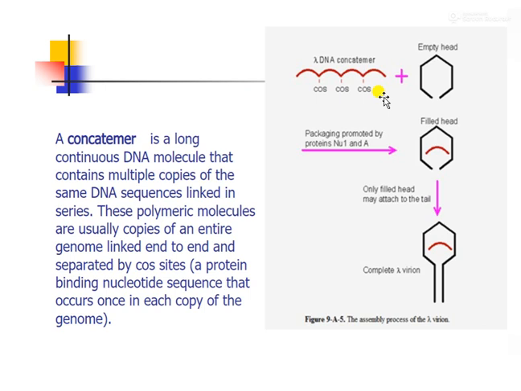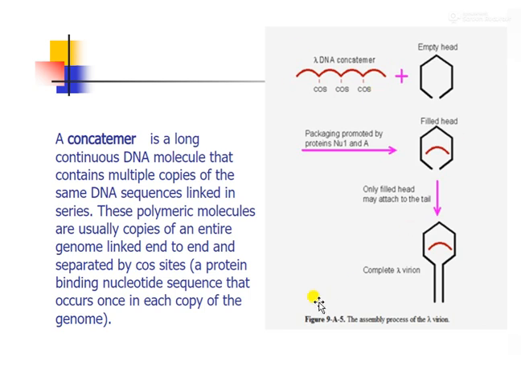It is a long continuous DNA molecule that contains multiple copies of the same sequence linked in a series. Usually, these are copies of the entire genome linked end to end and separated by cos sites. Cos sites are cohesive sites, a protein binding nucleotide sequence that occurs in each copy of the genome.